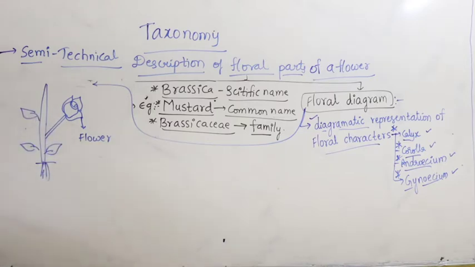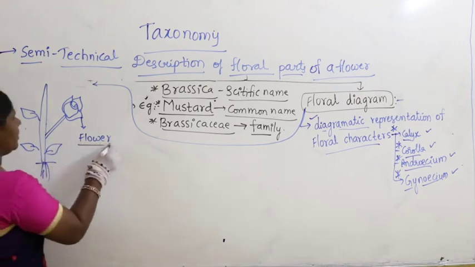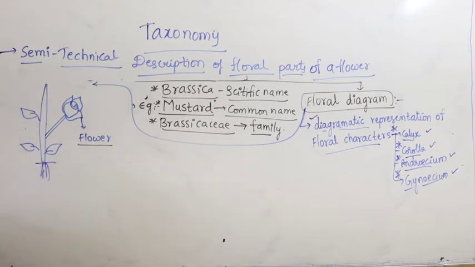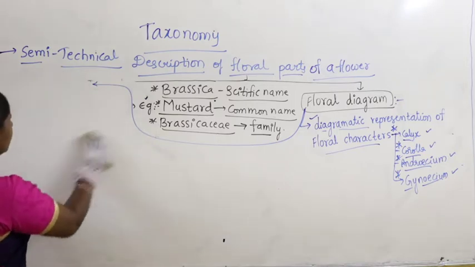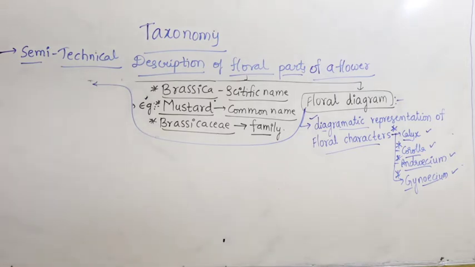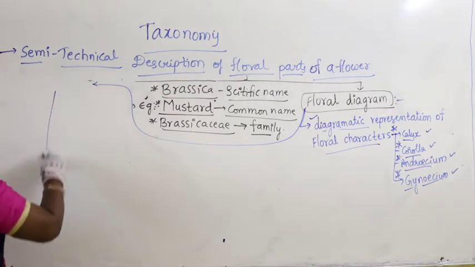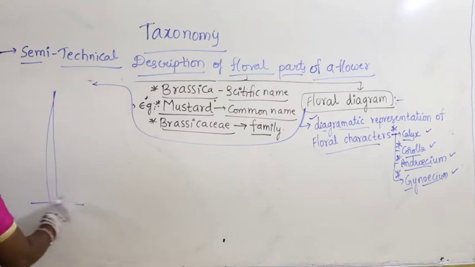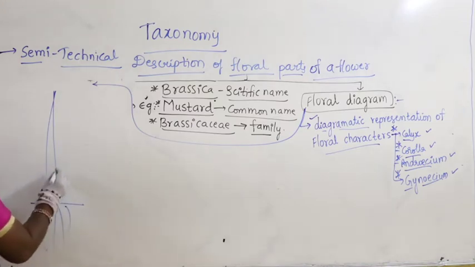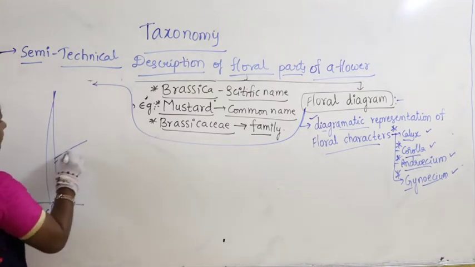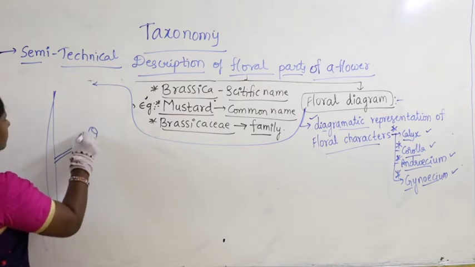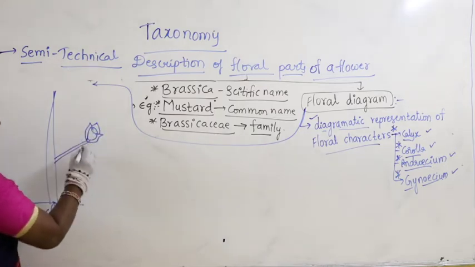Now what do we say here? If you look at the position of the flower towards the mother axis, let us take more space in drawing the diagram so that you can clearly see what I am trying to explain. Suppose this is a plant. Here I am trying to draw the flower. This is the flower.